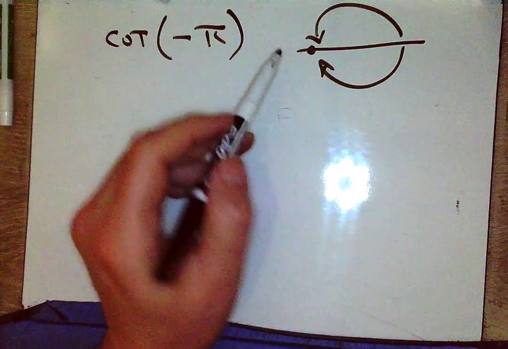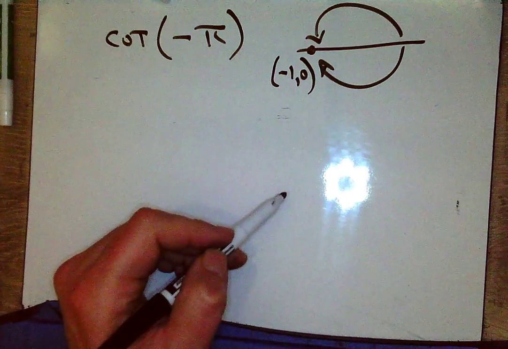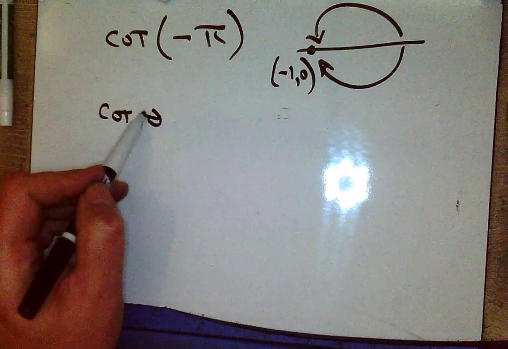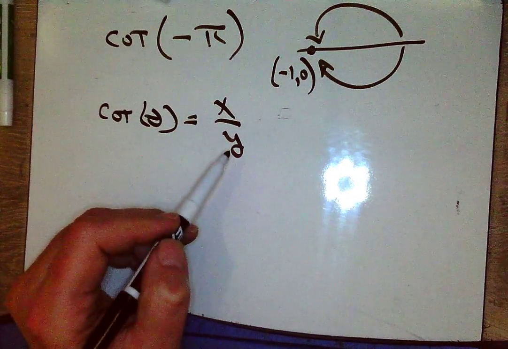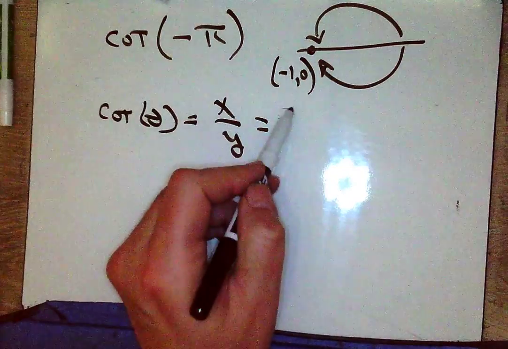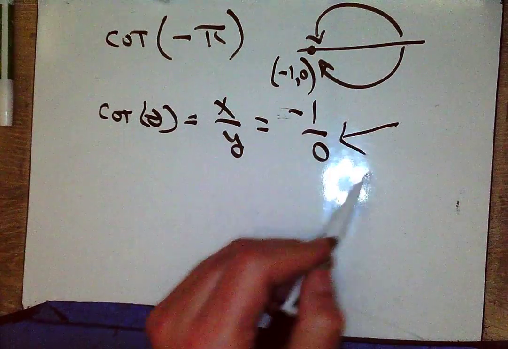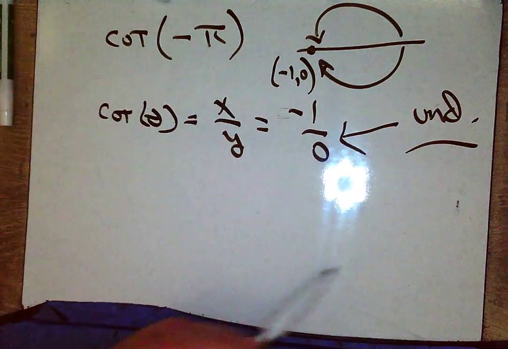The ordered pair here is negative 1, 0. Cotangent is x over y, traditionally. And so in our situation, it's negative 1 over 0. Can't divide by 0. That's undefined.